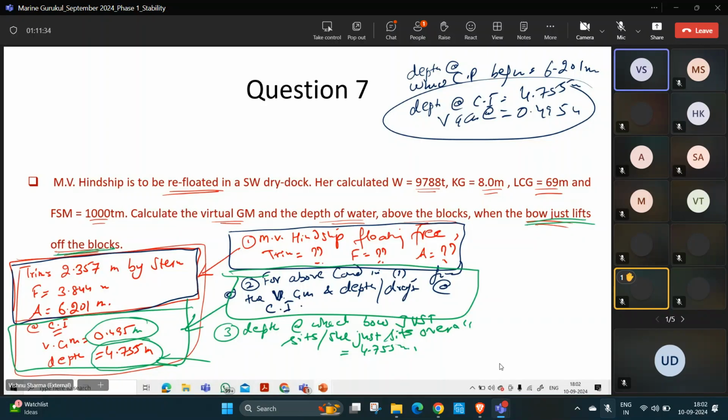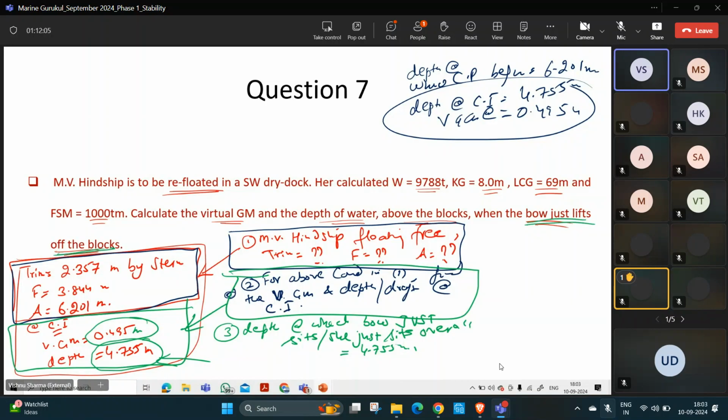What will be the critical instant? When the ship comes to single point contact when you're flooding the dock, that will happen at the critical instant. And why I'm not saying the bow lifts, because of course ships usually dock trimmed by the stern, so the bow will be the first one lifting, but I'm making a more generic statement: instead of contact all over the length, contact is reduced to a single point, that is the critical instant.